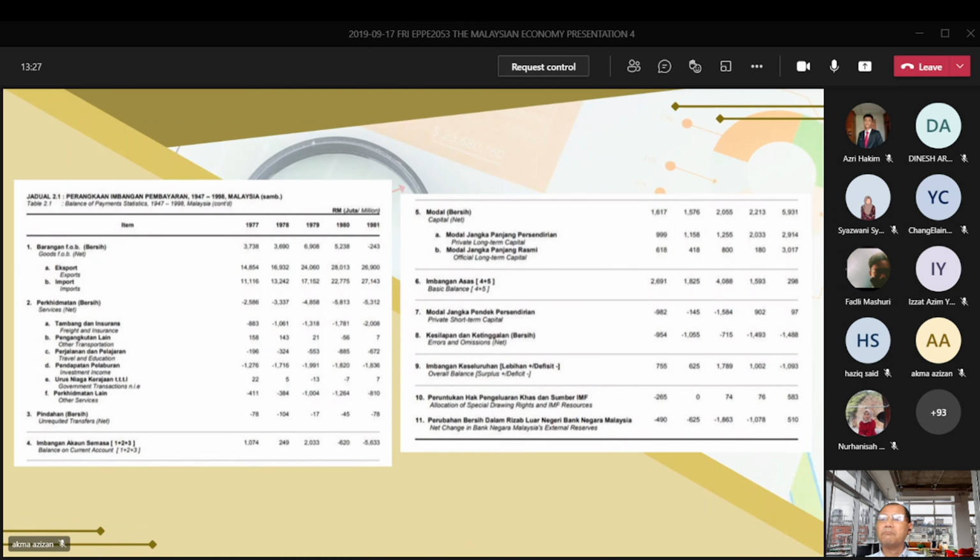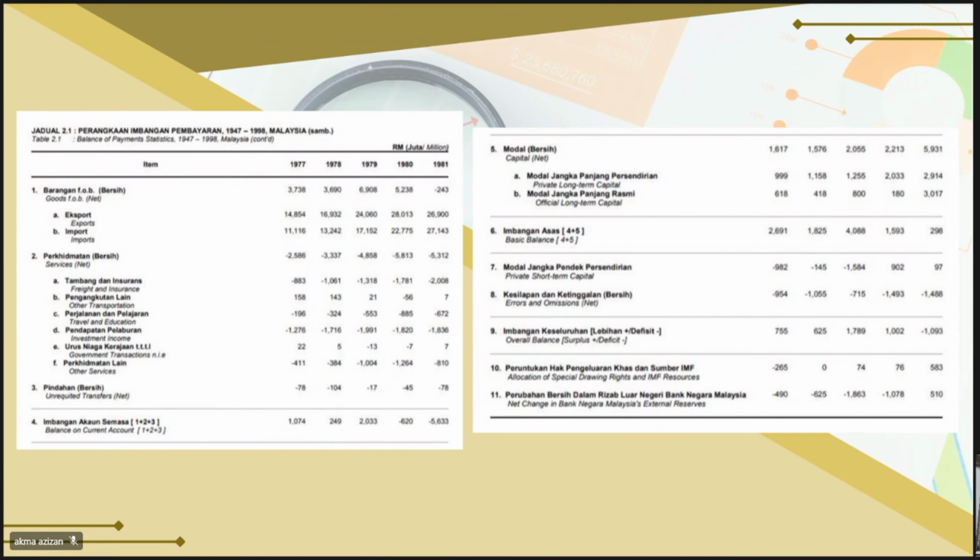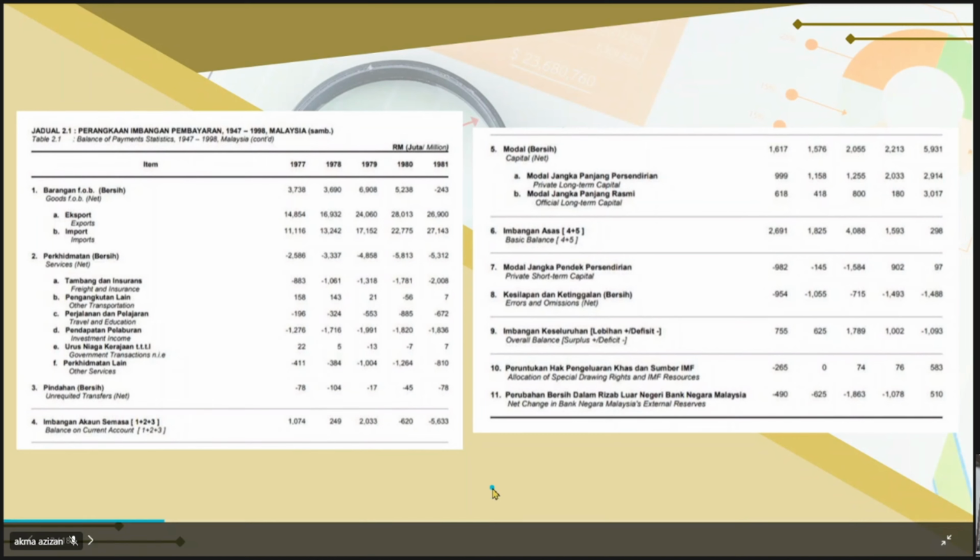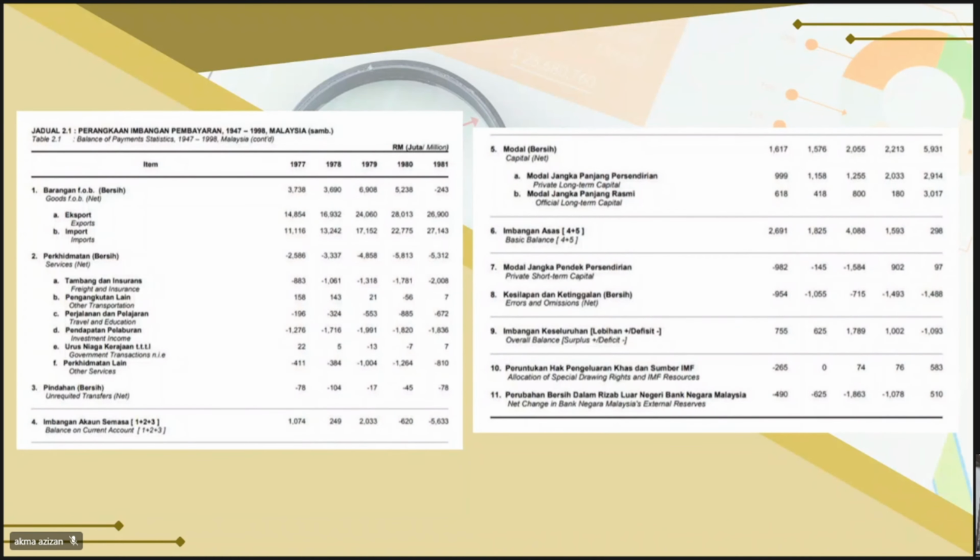Okay, I will continue for the next minor component, which is the services account. As you can see, it has several minor components. Examining the performance each year, it is found that the services account is always in a state of deficit, and the deficit amount has been increasing from 1977 until 1980, but it dropped a little bit in 1981.